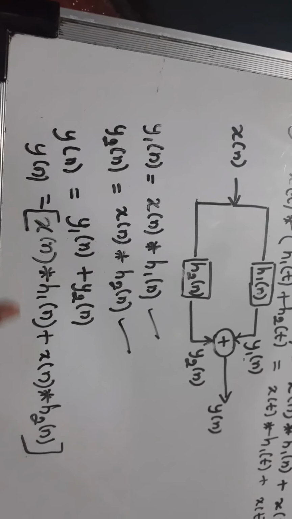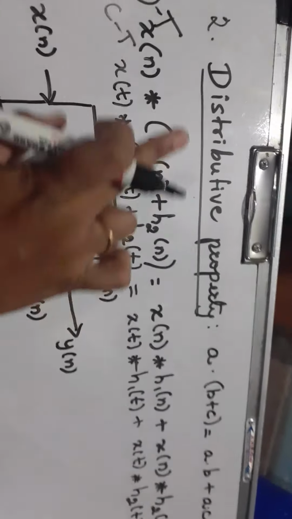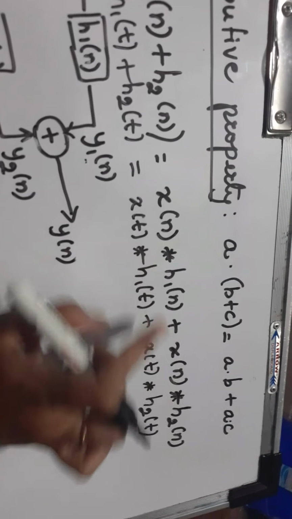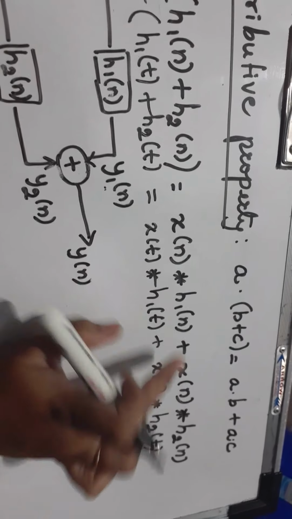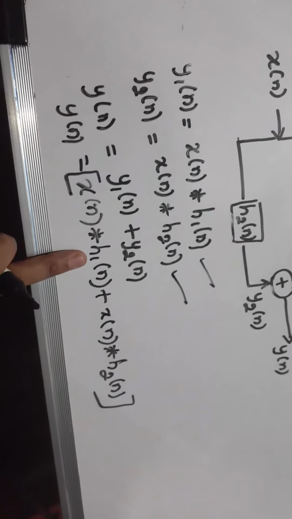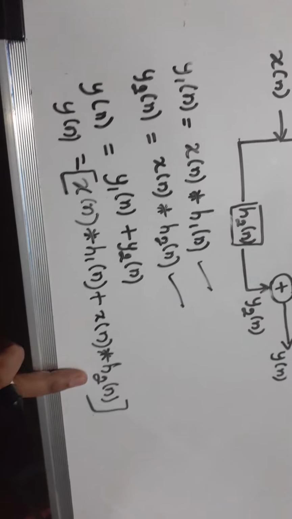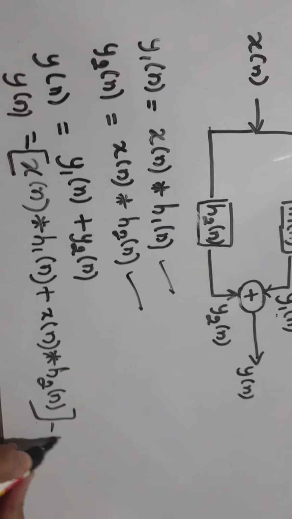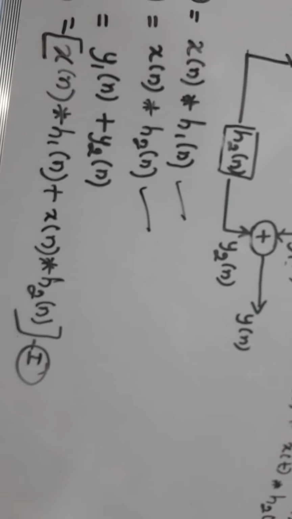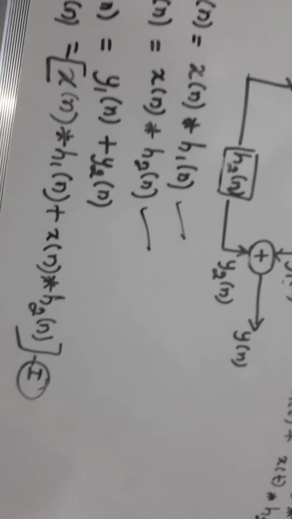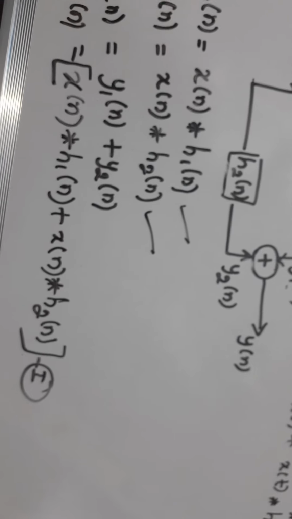If you observe this, it is the RHS part of our distributive property: x convolved with h1 plus x convolved with h2. This is your RHS. Now let us move on, and we will try to do some substitutions over here.